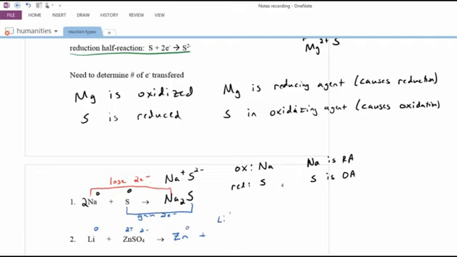And lithium is going to become an ion so that it can partner with sulfate. So we have Li2SO4. We have something that we had earlier. The sulfate is a spectator ion.